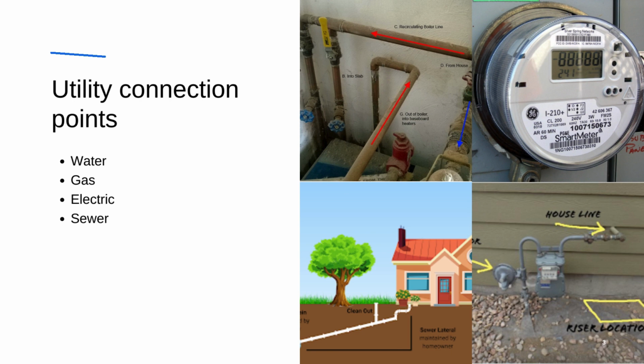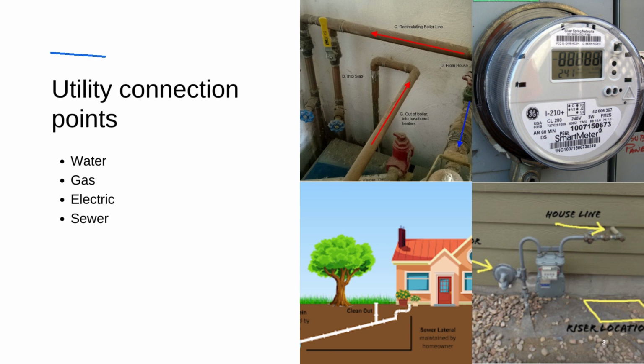Now, utility connection points. This is important because we always have to connect to our utilities for the ADU, whether you get a separate meter or not. So let's talk about our water. We usually connect to a point of the house, so in most cases we don't have to connect to the actual water meter in front, unless you wanted a new meter, which is usually placed next to the existing.